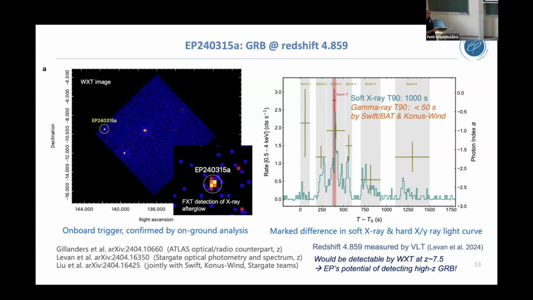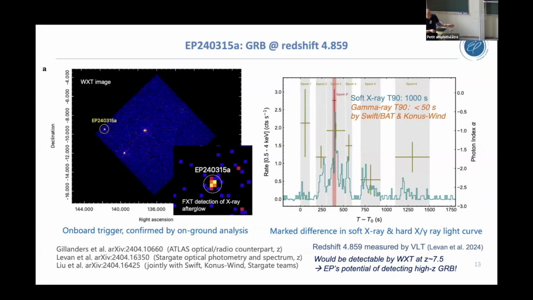So this is quite a nice potential of Einstein Probe for detecting high redshift gamma ray bursts, which is sort of a holy grail. And also THESEUS, which is the ESA mission, hopefully flying in 10, 15 years, to do the same thing. Well, at least finding high redshift gamma ray bursts.